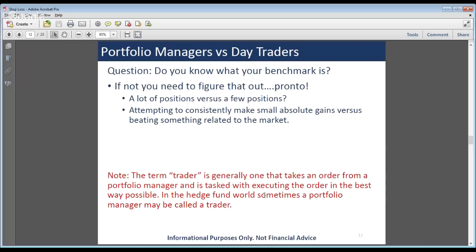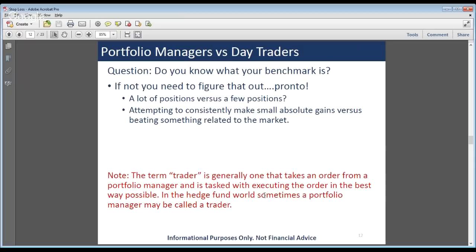What is your return target? What is your risk target? How much downside are you willing to stomach? Things like that. And if you do not know that, you need to figure that out immediately. Really, you can't do anything realistically without knowing that. You're just kind of running blind. And there are certain things to help you figure it out.